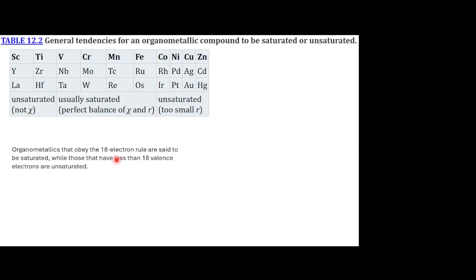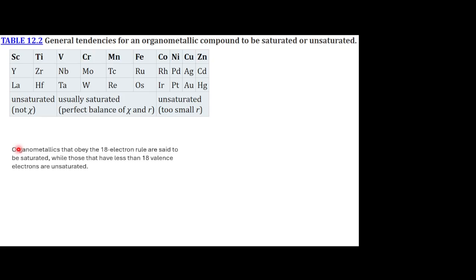All right, so let's talk about some general tendencies for an organometallic compound to be either saturated or unsaturated, excuse me. I forgot my water. The organometallics are going to tend to obey the 18 electron rule. So if they obey that 18 electron rule, i.e. they get 18 electrons in them, they're going to be saturated.